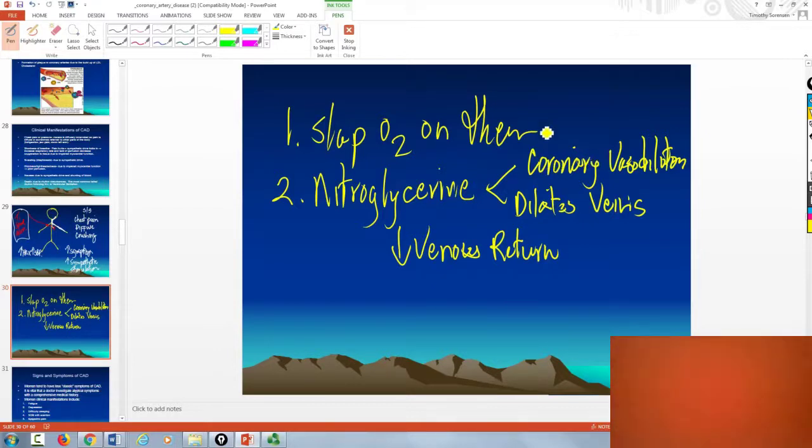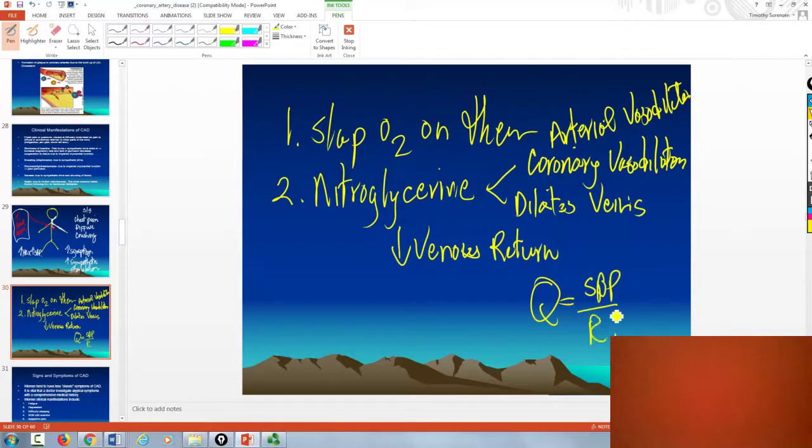But it's a coronary vasodilator, and really it's an arterial vasodilator, right? So if you recall from watching Ohm's flow law, that you got to maintain Q. So if you give somebody an arterial vasodilator, it's going to cause the arteries to dilate, and that's going to decrease resistance to blood flow, and that's going to drop their systolic blood pressure.